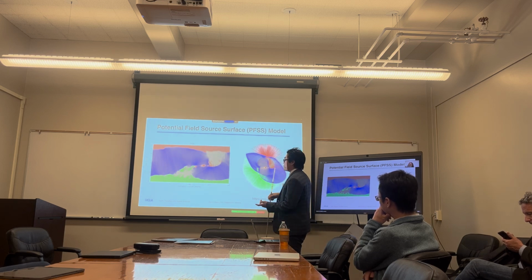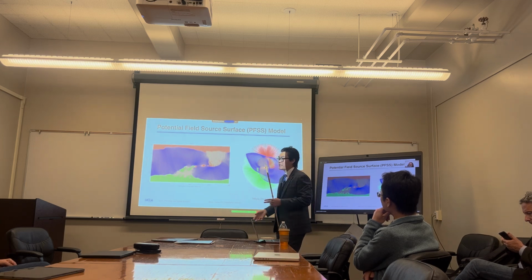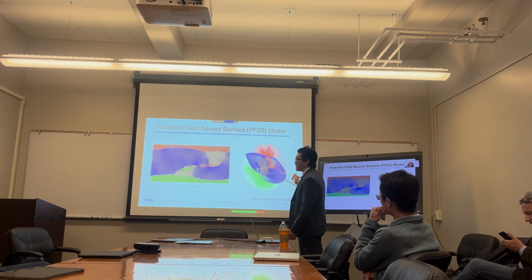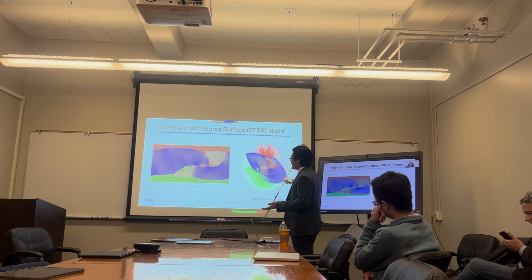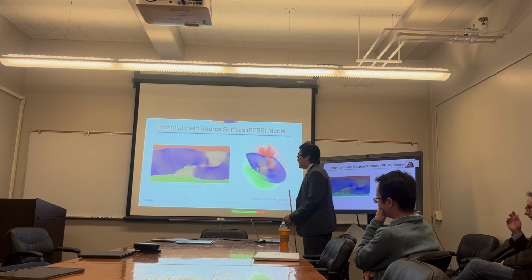Then, with that as a boundary condition, you can integrate the magnetic field from the solar surface using a magnetogram from, for example, the SOHO HMI instrument that can measure the magnetic field remotely on the solar surface, and integrate this magnetic field line from the solar surface to the source surface. With that, you can see the magnetic structure from the solar surface to infinity. So you have these open field lines here, and you have this closed field line, and you can also determine its polarity.